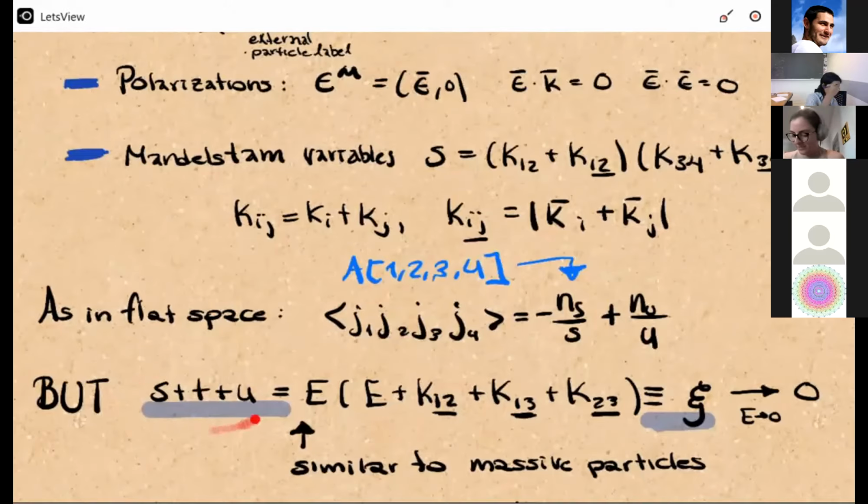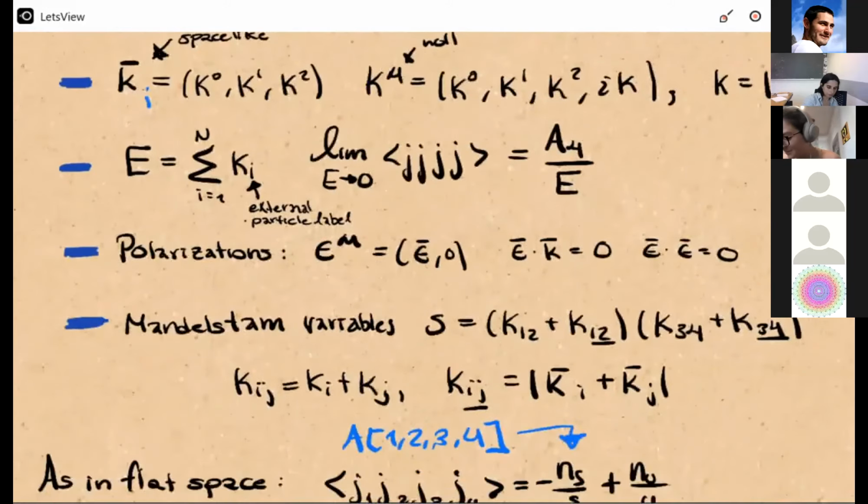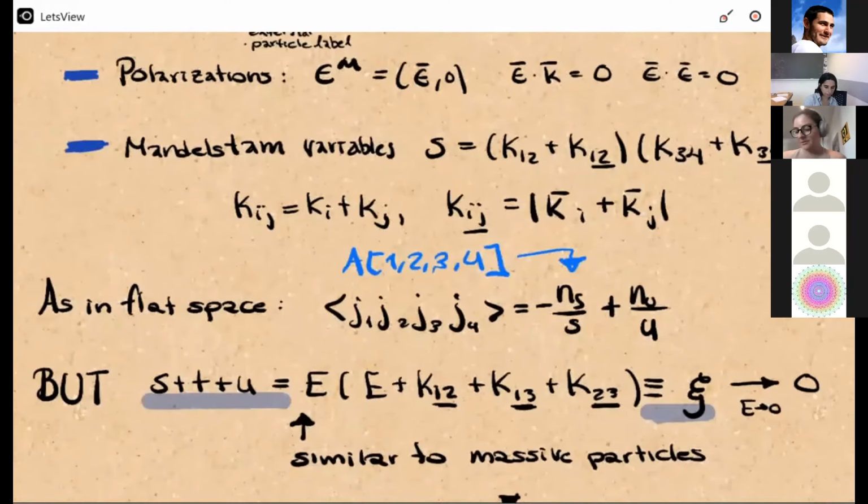First of all, with the Mandelstam variables I defined above, and of course the analogous definitions for t and u by exchanging these two for a 3 and u with a 4, if you do s plus t plus u, what you will find now is that this is the following function, and it's non-zero. But of course, if you take the energy to go to 0, which is recovering the flat space limit, then you get that this is 0.